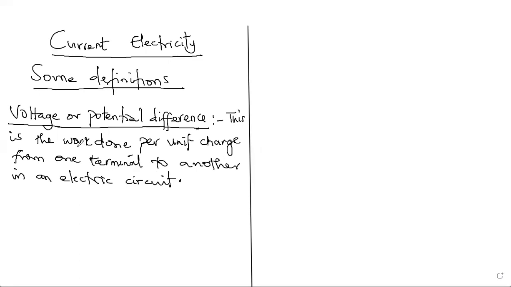So work done per unit charge, that's the main thing you want to get there. It means that voltage or potential difference, V, is the work done per unit charge.